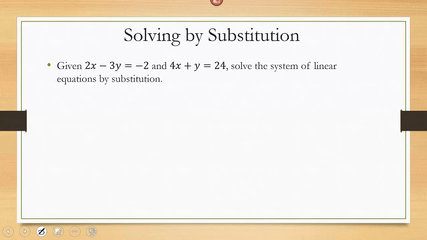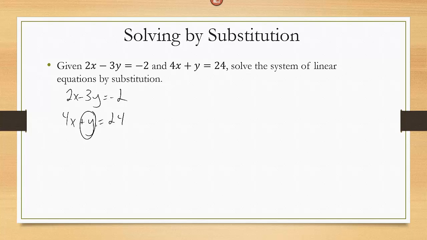So solving by substitution. Given 2x minus 3y equals negative 2 and 4x plus y equals 24, solve this system of linear equations by substitution. So we have 2x minus 3y equals negative 2, and 4x plus y equals 24. Let's solve for a variable. The easiest way to do this is, let's solve for this y here.